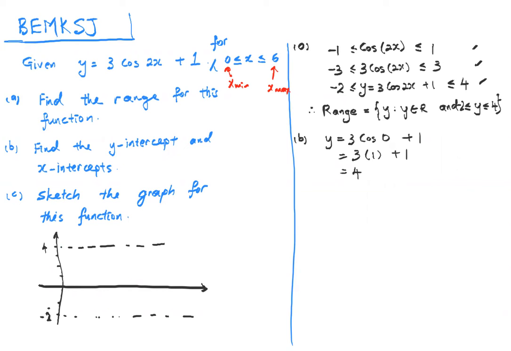So it's easier for me to sketch the graph. And you see, this is the equilibrium point. That is 1. So I will put a dotted line here also. All right.